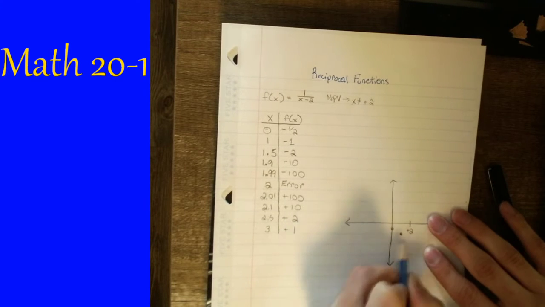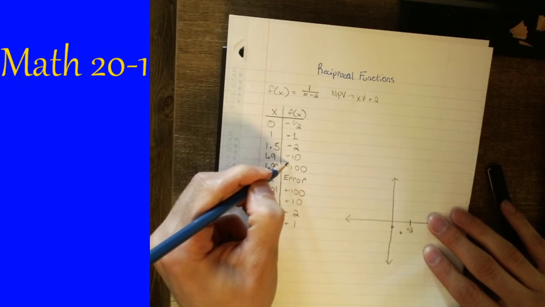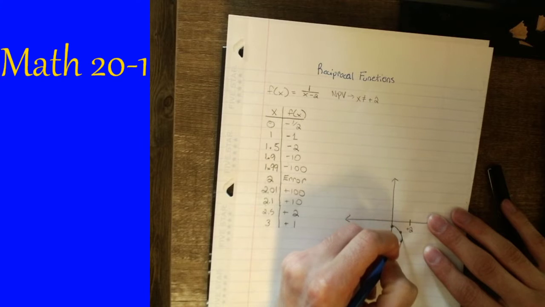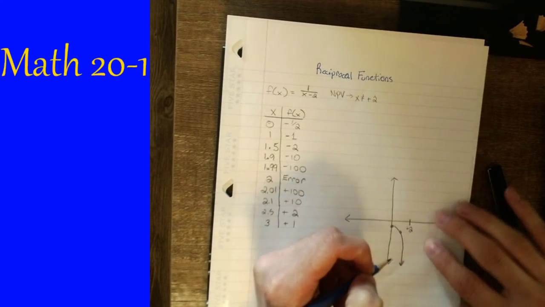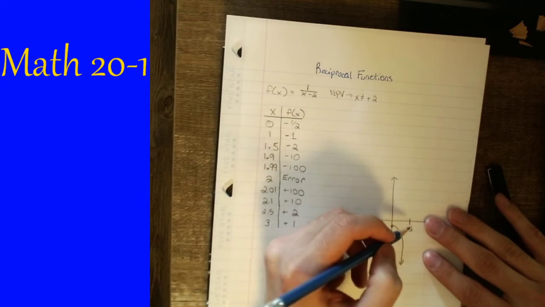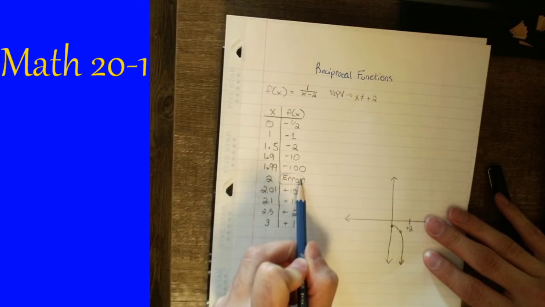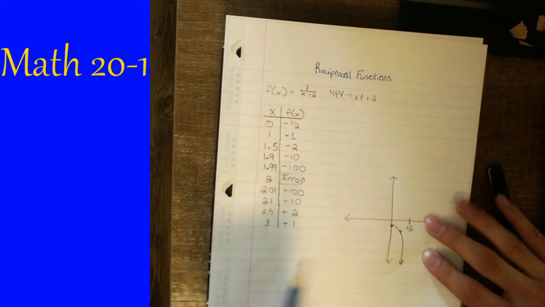And then the closer I get to 2, the bigger the f of x values get. So what's happening is I'm getting a graph that looks like this. And it will keep going down and getting bigger and bigger negatively. However, it will never actually have a value at x is equal to positive 2.